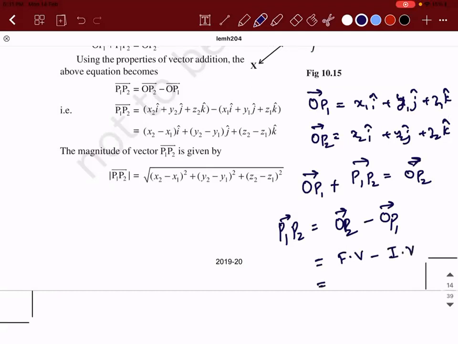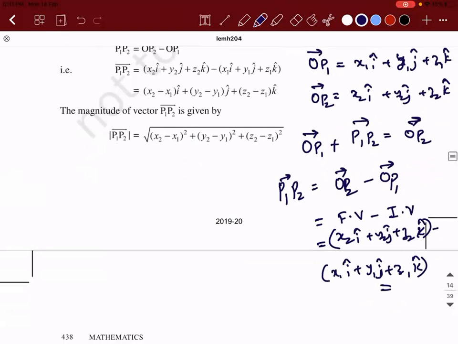So the final vector is x2 i cap plus y2 j cap plus z2 k cap minus x1 i cap plus y1 j cap plus z1 k cap. So what I'm trying to say is final position vector minus initial position vector will give you the vector itself.